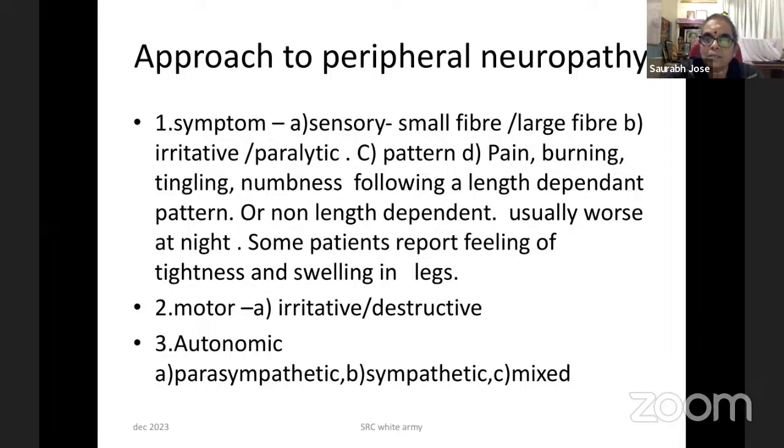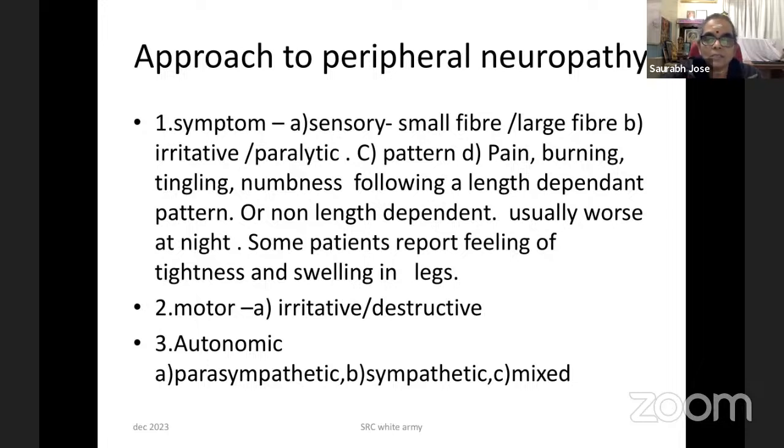These symptoms are usually worse at night, and some patients report a feeling of tightness and swelling in the legs when it is not there. That feeling of swelling is due to false sensory transmission through these sensory nerves that produces the feeling that there is a swelling. But when you look at the body part, you don't find any swelling.